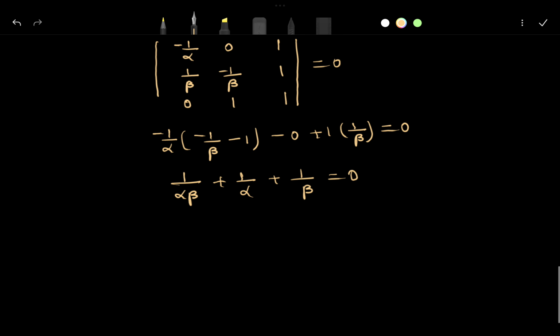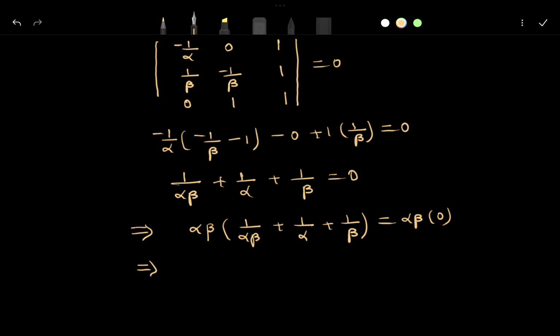Now here I hope it is very clear. Multiply with alpha into beta on both sides. So alpha into beta, that is 1 by alpha into beta plus 1 by alpha plus 1 by beta is equals to 0 into alpha into beta. So now here right side value is 0. If you multiply this one, it is 1 plus beta plus alpha is equals to 0. So I hope everybody is clear this one.